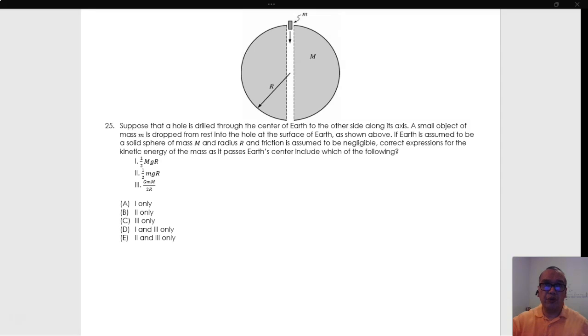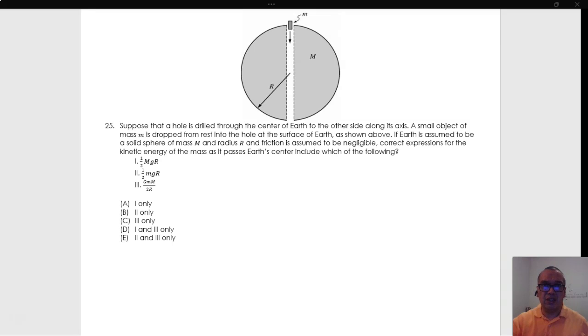5. Suppose that a hole is drilled through the center of Earth to the other side along its axis. A small object of mass m is dropped from rest into the hole at the surface of Earth, as shown above.